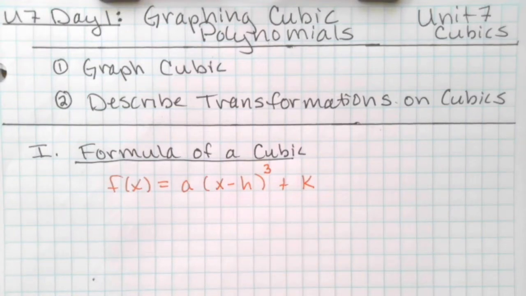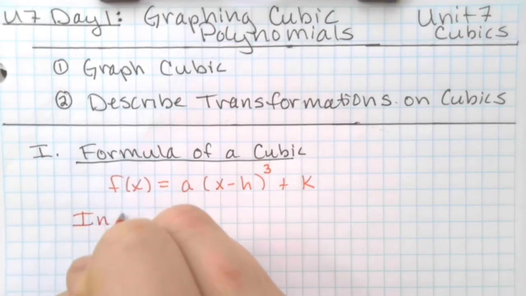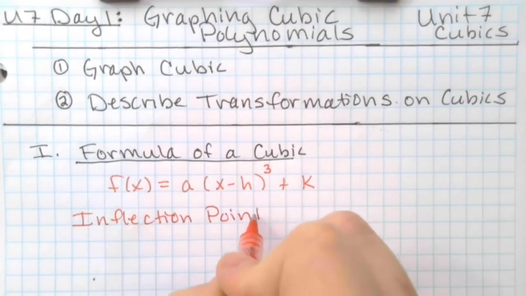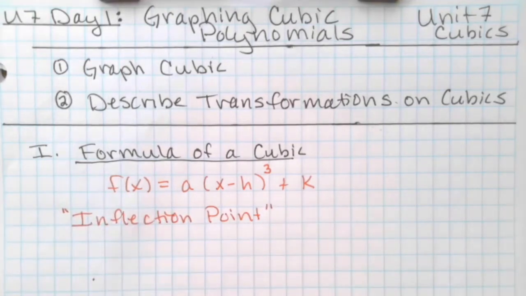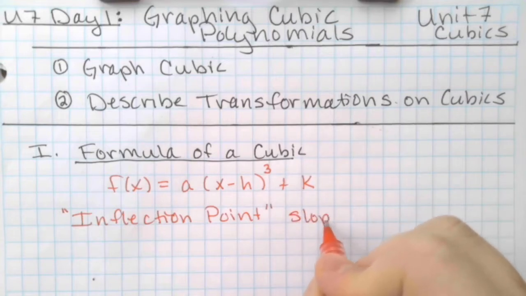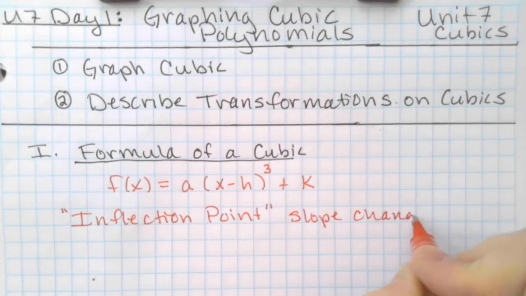Now, in this formula, there's something called an inflection point, which is actually the most important point in the graph. The inflection point is where the slope changes.